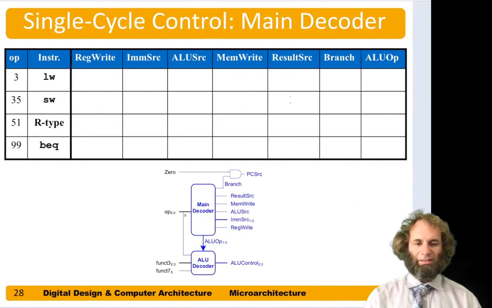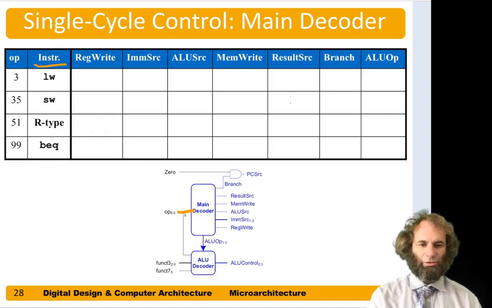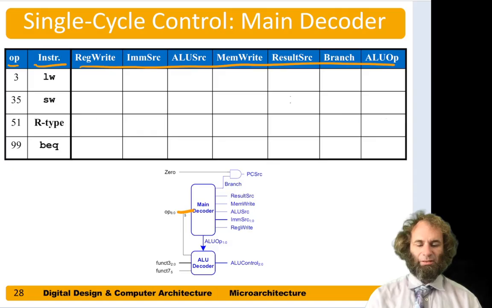Let's start with the main decoder. So the main decoder took in the instruction field here, which is op, and it needs to put out all of these different control signals. So for a load word, the op is 3. Load word puts an answer into the register file, so reg-write should be 1.